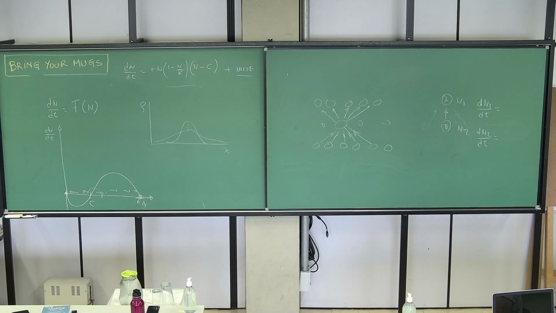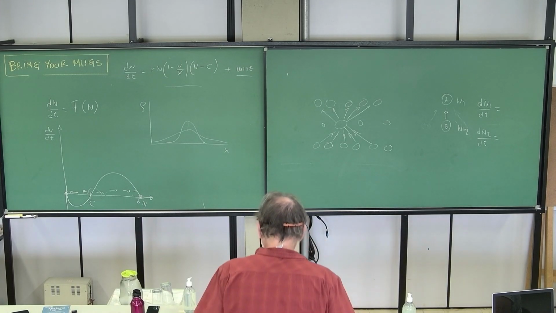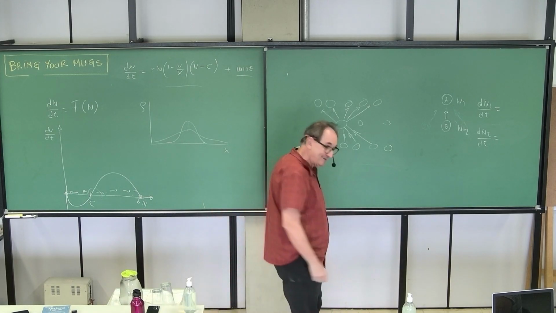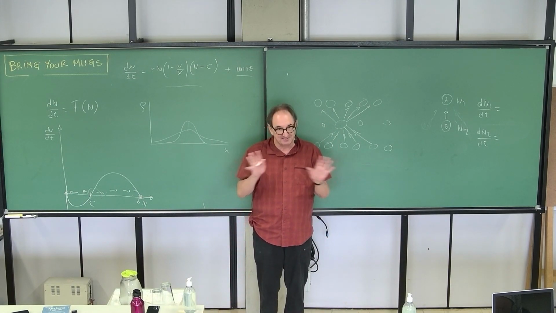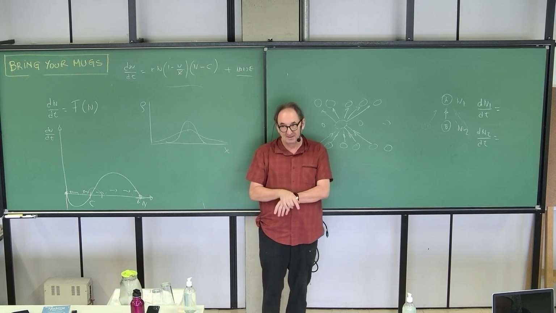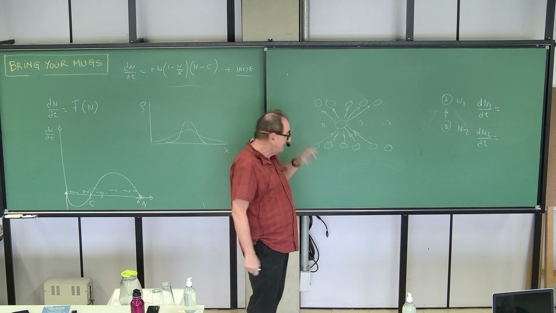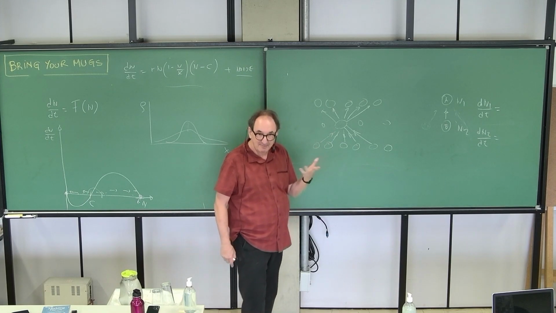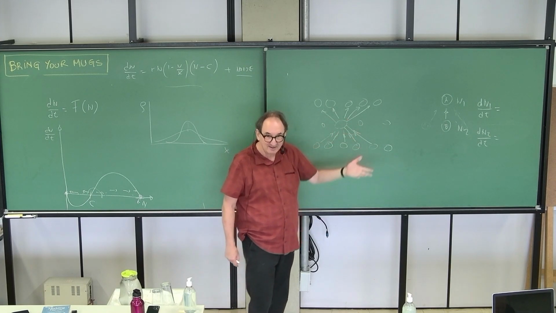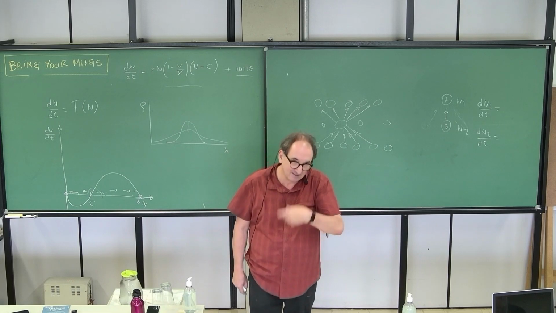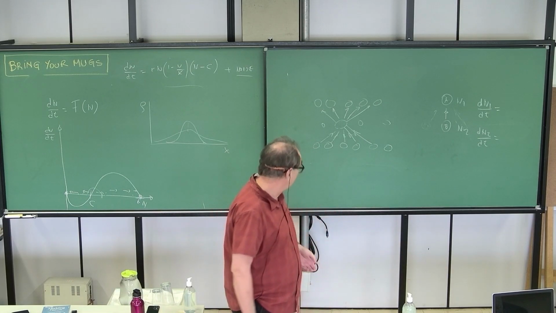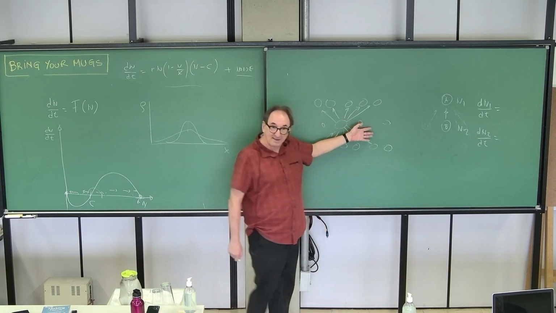Okay, so it depends a little bit on what is the question you want to answer with a model. One thing that you can get out of this here is that if this can be described effectively as a logistic equation, let's say, then it tends to be a stable population.